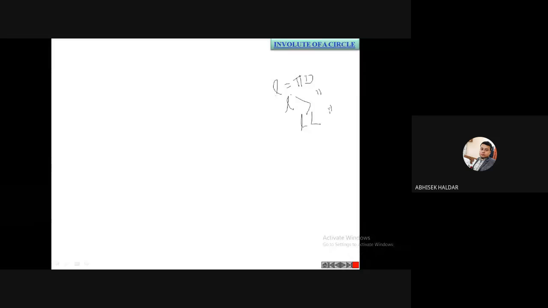The string length will be given in the problem, that is, how long a string you have to wind around the cylinder, and the diameter of the cylinder will also be given. So you can calculate this pi d, then check whether the length of the string is equal to, greater than, or less than pi d. Have you understood these three cases?